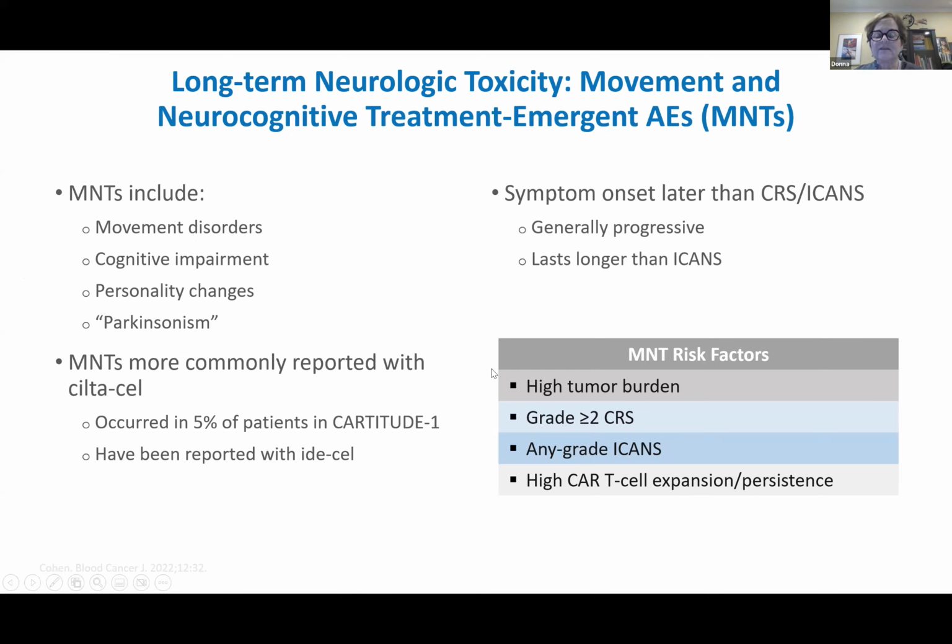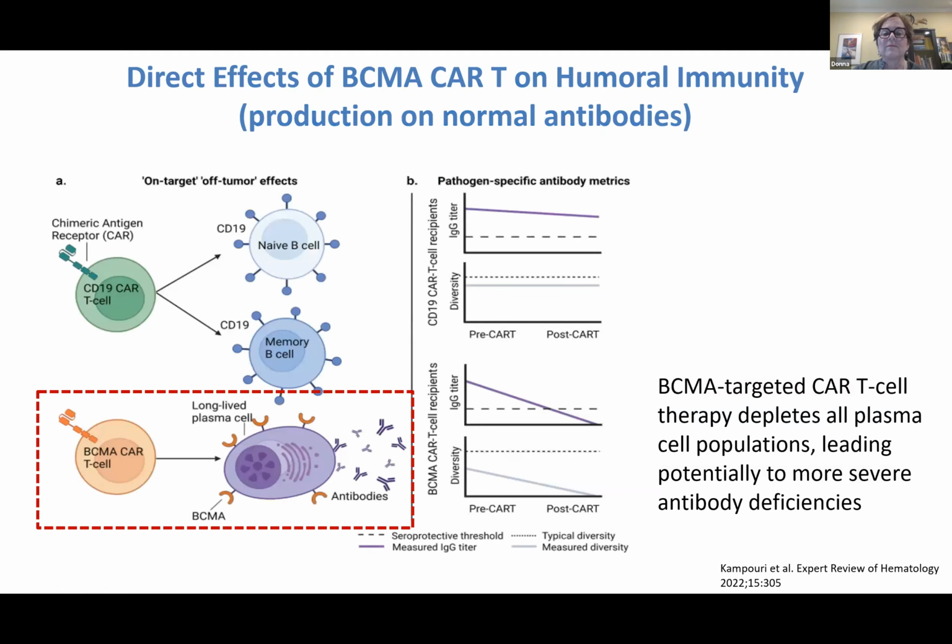And risk factors have been defined, particularly a high tumor burden, high-grade CRS, any neurotoxicity, and a lot of CAR T cells. So the mitigation factors have been taken into account, and is one reason that we're not seeing it as much anymore, because the treatment is being given earlier in the disease course before a massive tumor burden, and has become less of a problem.